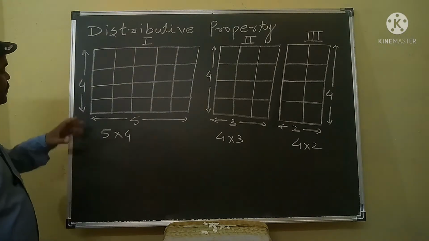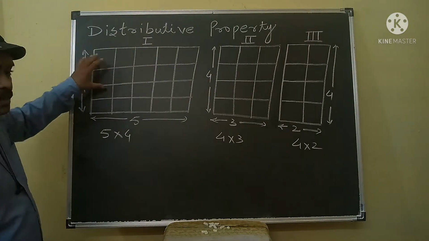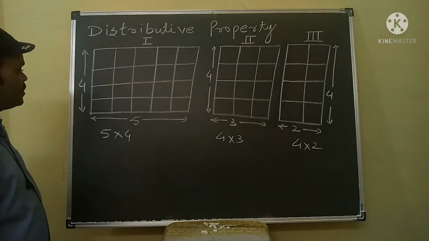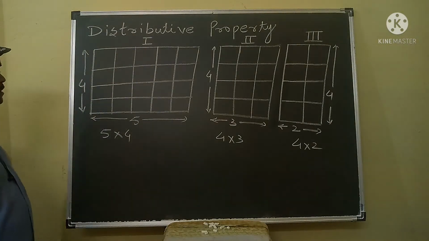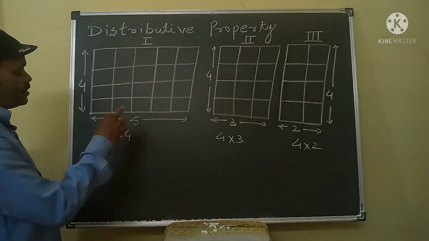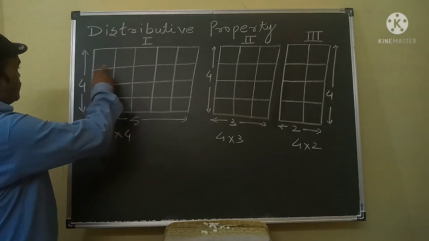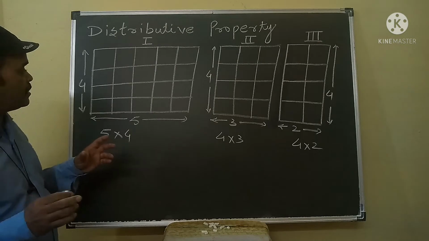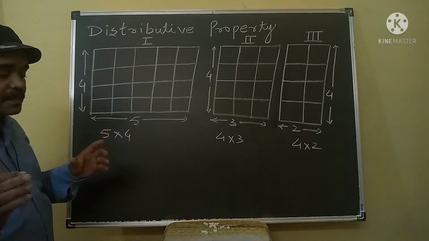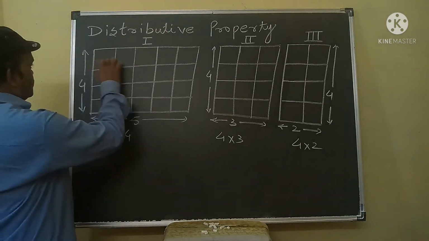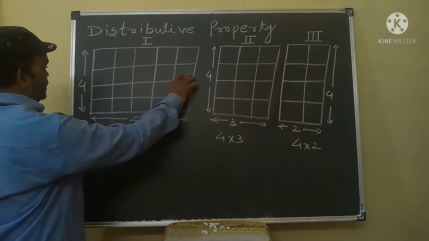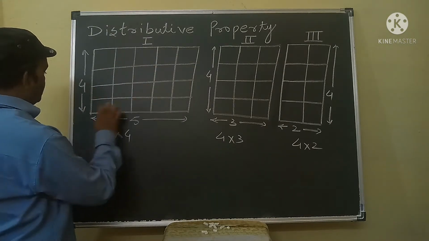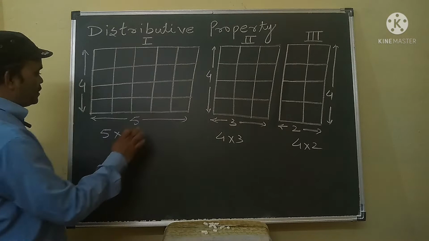First we will count how many squares there are. It is very easy. First we count the rows, that means how many lines there are. This is the first line, second line, third line, and fourth line.